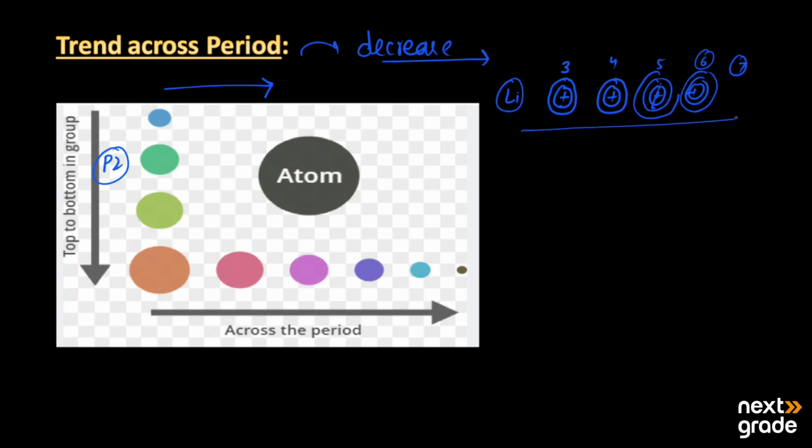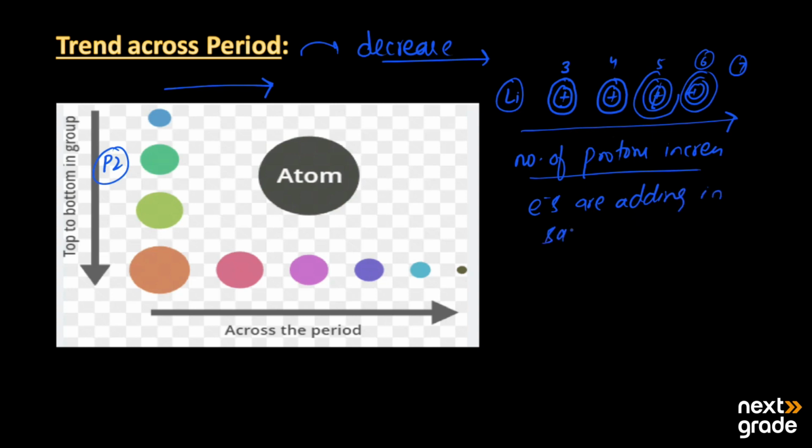As we are moving from left to right, the number of protons increases and the electrons are added in the same shell. This means no addition of a new shell, just an increase in the number of electrons and protons.